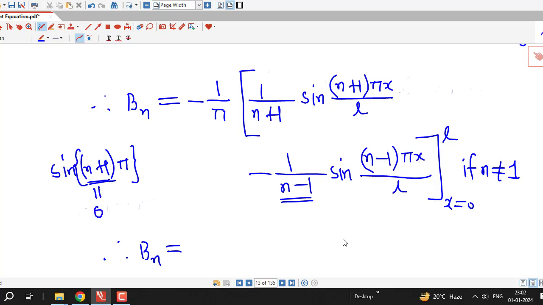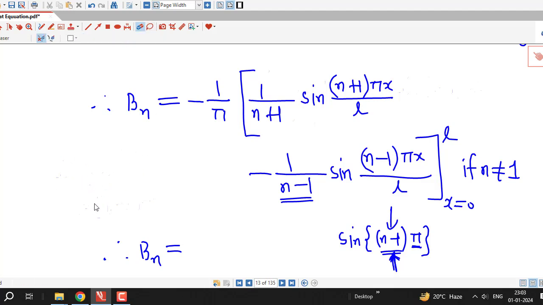Same thing here: for x equal to L, we will have sine of (n−1)π. Now n is an integer different from 1, and therefore n−1 is also an integer, and that is going to be 0, because if I have an integer multiple of π, then sine is always 0. So this will be 0 for the upper limit.